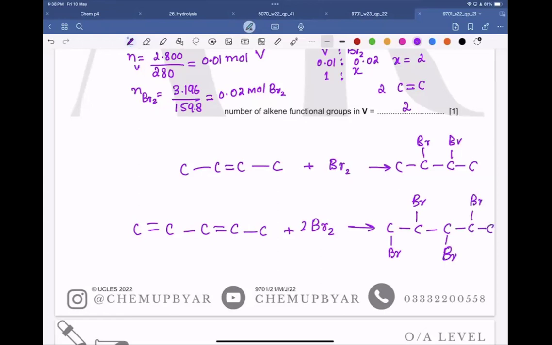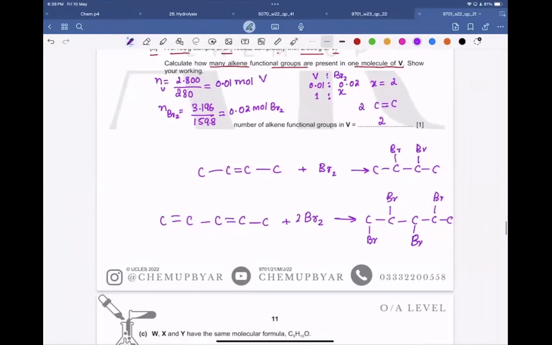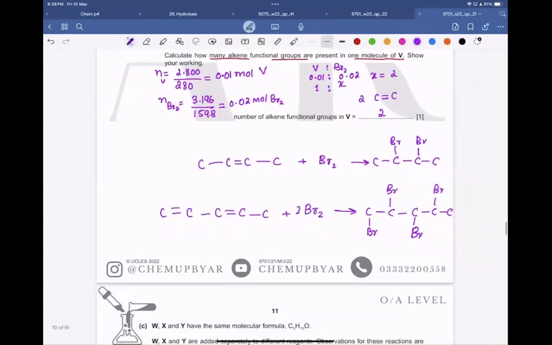Is this understandable to all of you? So if you are able to identify with the 1 mole of that compound how many moles of bromine have been reacting, it shows you how many alkene or carbon-carbon double bonds are present in that.